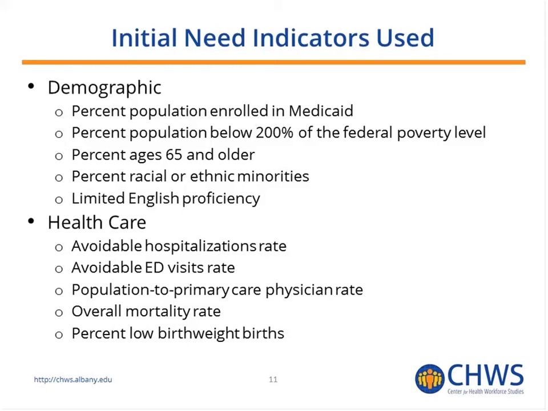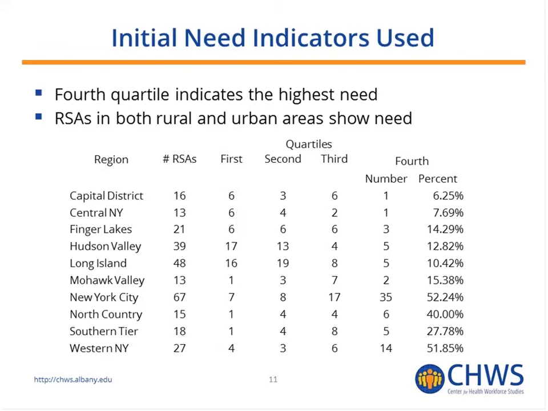So we pulled it out and used limited English proficiency instead. As you think about this in your neighborhoods or states, you've got to balance what indicators make sense for you. I'm going to talk about that in a little bit. There are some pluses and minuses for whichever indicators we use, especially when we look at urban and rural areas.